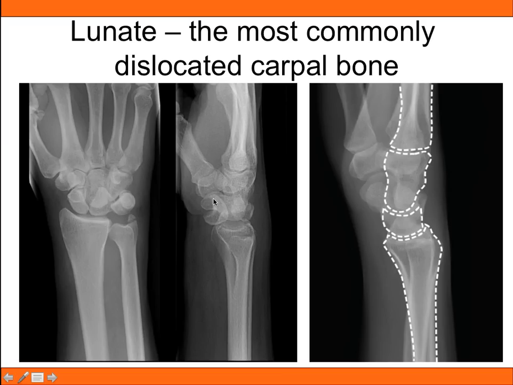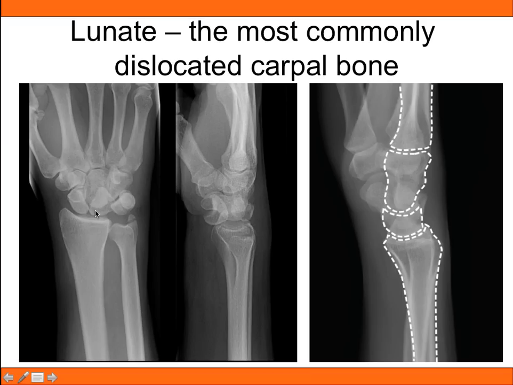Ah, it's out here. That's not where it's supposed to be. This lunate has undergone a 90-degree rotation and moved in a volar, anterior or palmar direction. They're synonymous. Hopefully you've got a good picture of what it should look like normally from your understanding of lateral wrist x-rays.